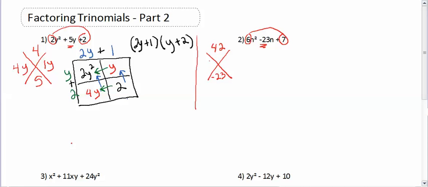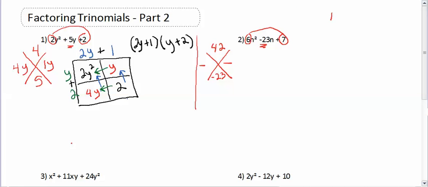Well, if I want a positive answer, and then when they add up to be negative, I know they both need to be negative. Okay, so two numbers that multiply together to give me 42, but add together to give me negative 23. Okay, so I need to go through here. It doesn't pop out to me like the first one did.